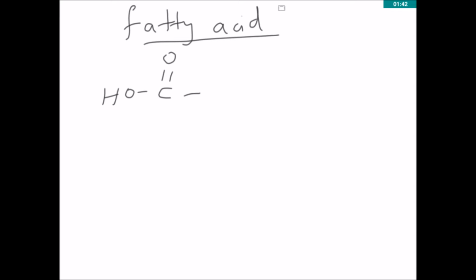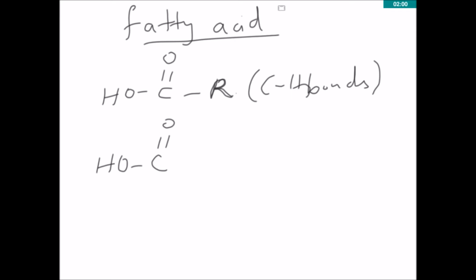Usually we write the hydrocarbon chain as an R group, which will contain many carbon-hydrogen bonds. In some books they write the structure in this format instead. You don't need to panic if you see this. This is just the same as the R group.